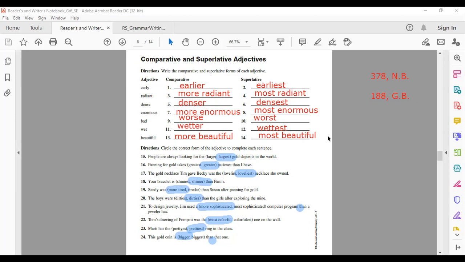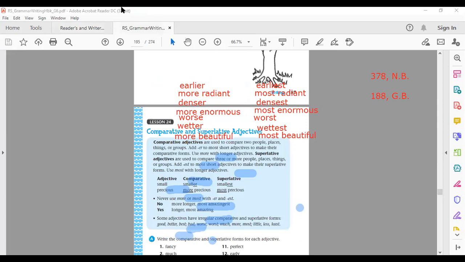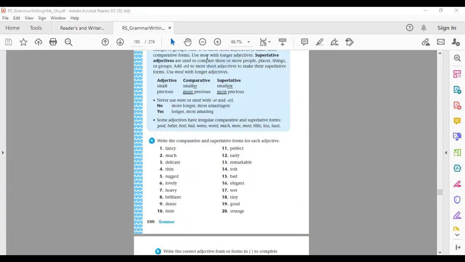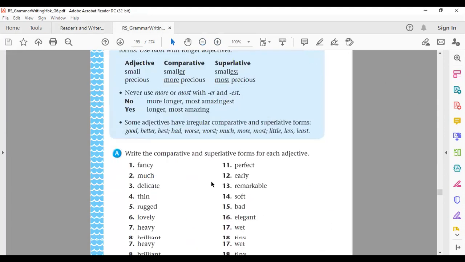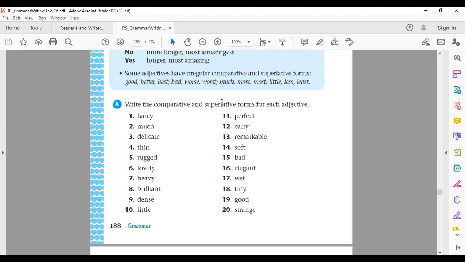Yeah. The page 188. Right now it's super easy. I want you to write the comparative and superlative form of each adjective. So we want to make the comparative and superlative form of each one of these.